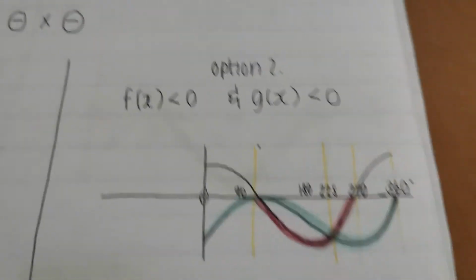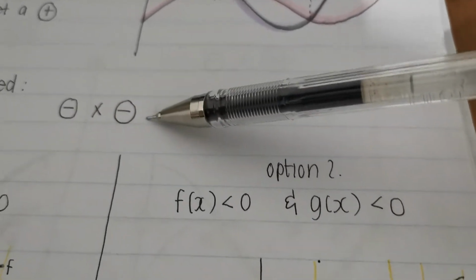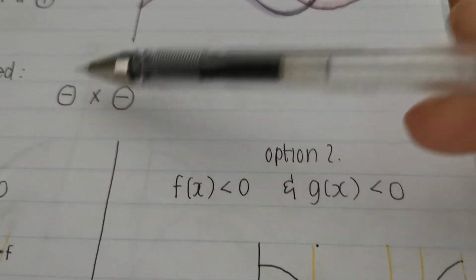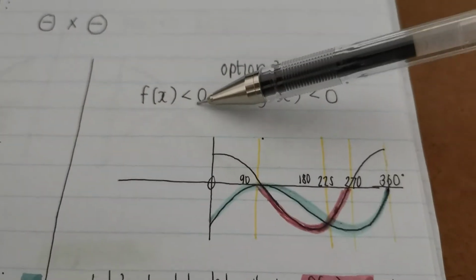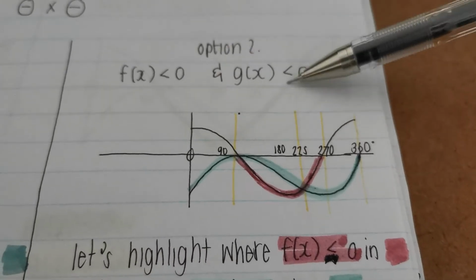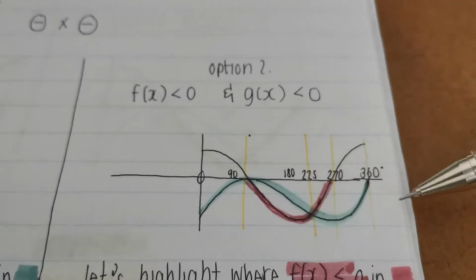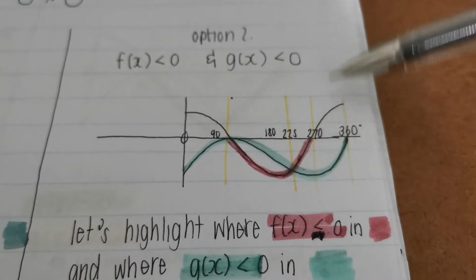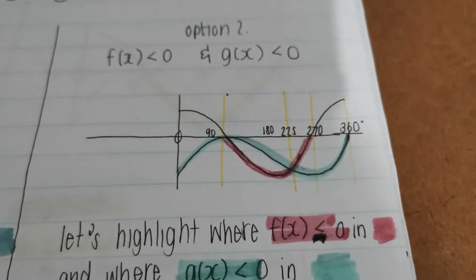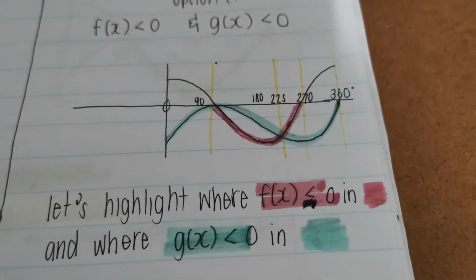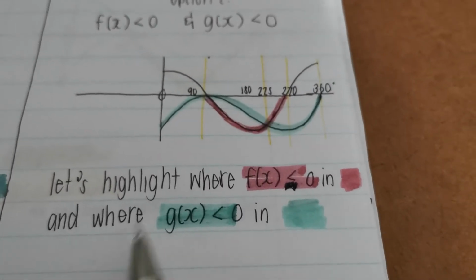On this idea where it's negative times negative, that means f of x negative, g of x negative. So I did that, f of x negative, g of x negative. Reminder, less than 0 means negative. Drew the graph, I filled in the important lines there for myself just so that I know as well, and it becomes easier. And I color coded for myself.